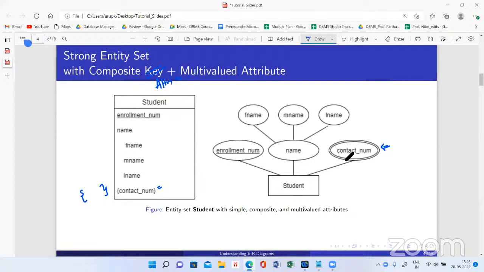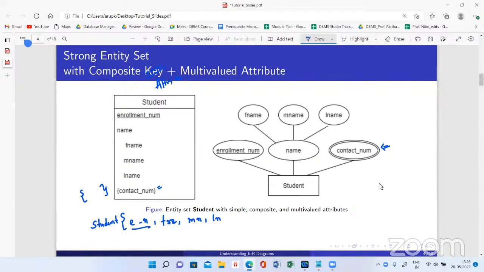Now the question is, how do I handle it in terms of tables? Anyone? It may be put in a list. Is that a good idea? It could be another table altogether. Suppose I have student, enrollment number, F name, M name, L name.